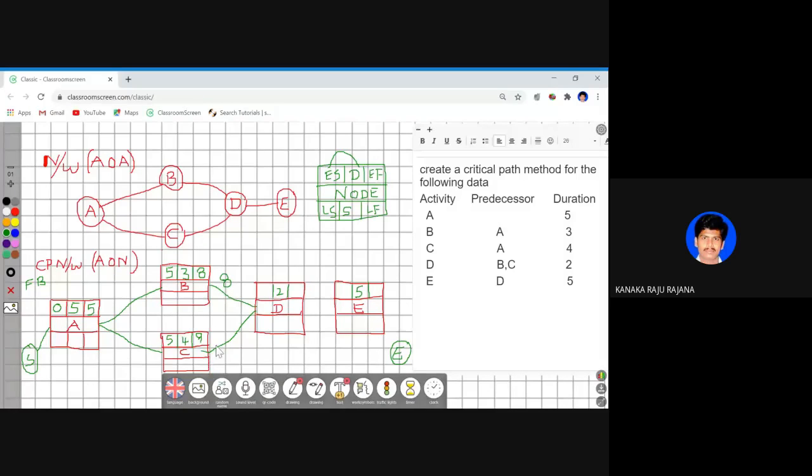From this, I had the early finish value as 9, which means B is sending 8 out from the activity, C is sending 9 out from the activity. Upon 8 and 9, which is the maximum value? 9. So place this 9 as the early start of the next activity.